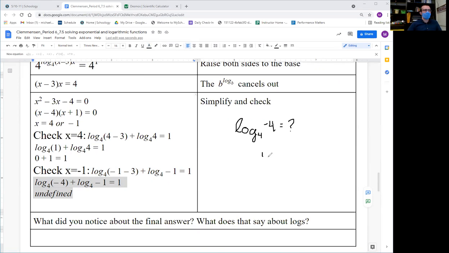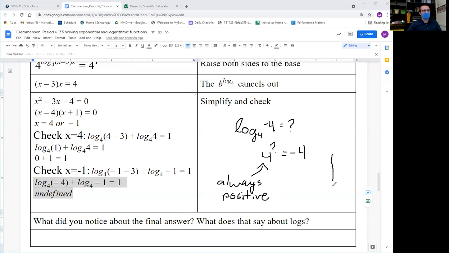This is really saying that 4 to some power equals -4. Now the problem with that is that 4 to the power of something is always positive, so it can never be negative.